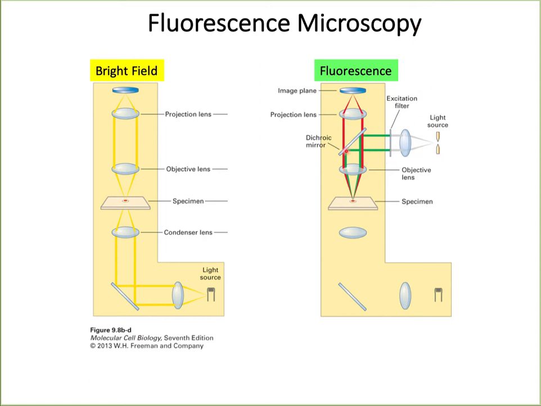Now remember that the colors of these lights in the diagram, which are red and green, don't correspond to 492 or 525 nanometers. So don't confuse that.